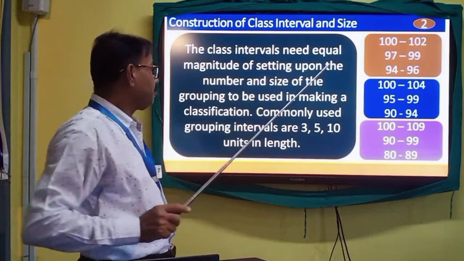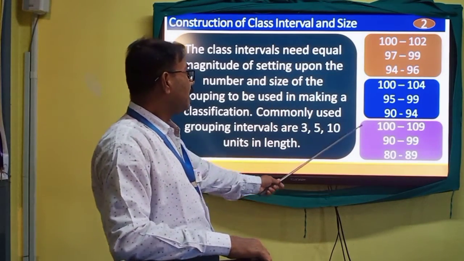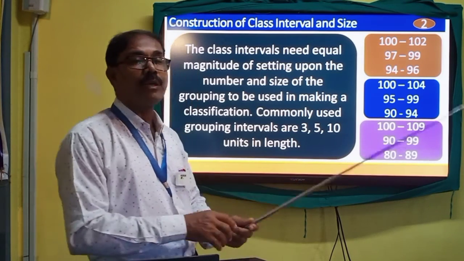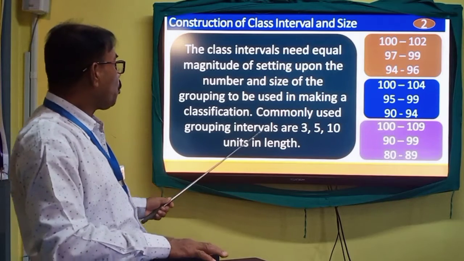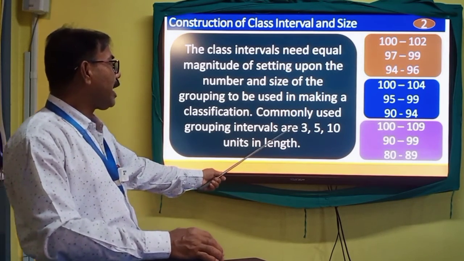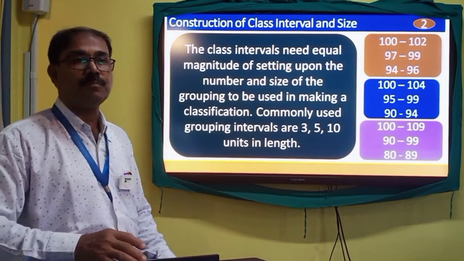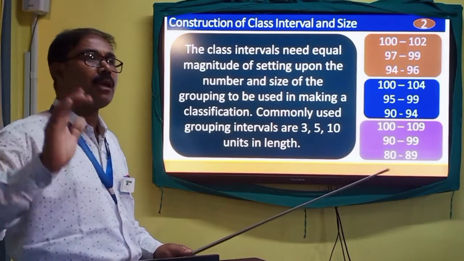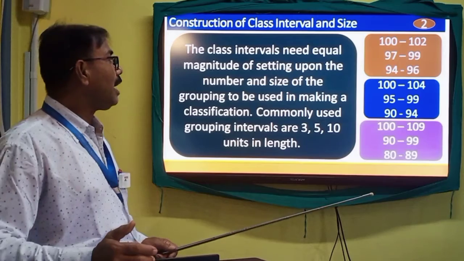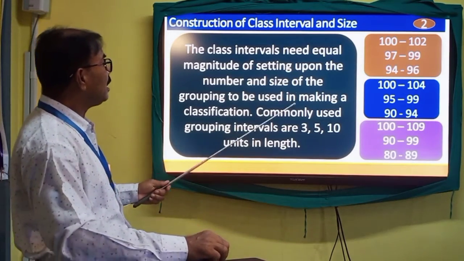And if we take the range as 10, then it will be 100 to 109, 90 to 99, 80 to 89. So friends, the grouping may be determined considering a class interval of 3, 5, 10, 15 or 20, like this, considering the total number of data. Let us see the next slide.